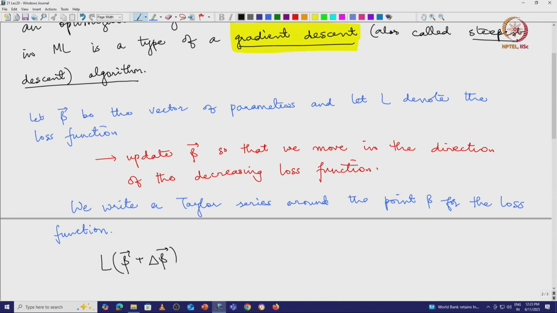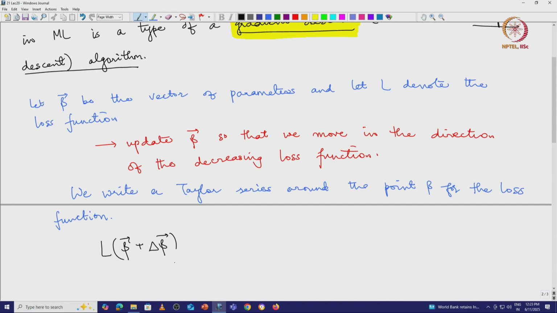The delta beta is the change in the vector of parameters that we are making, is the value of the loss function at beta plus a first order term involving the gradient of the loss function and the change in the vector of parameters, and a second order term involving the Hessian of the loss function.